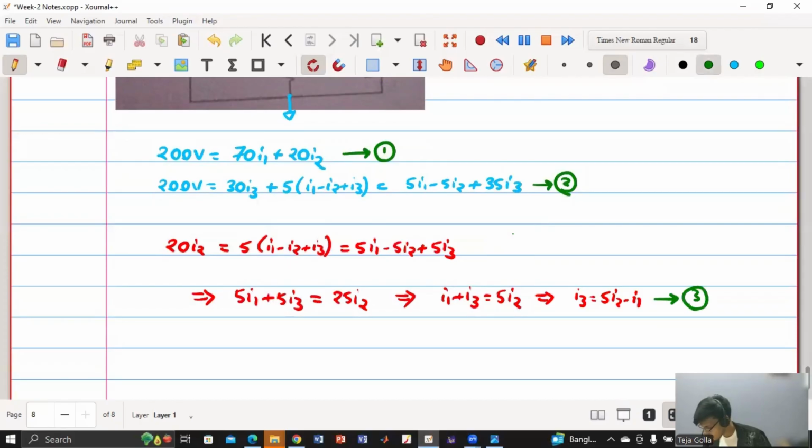So we have 3 equations and 3 unknowns, but it might still look complicated, so I will substitute the value of I3 in this expression.